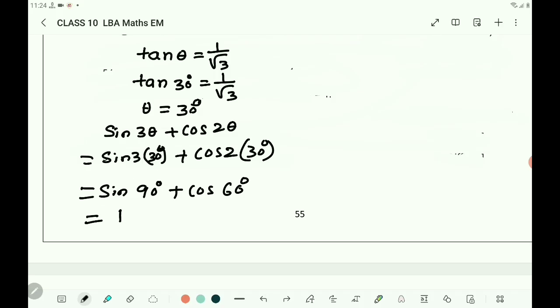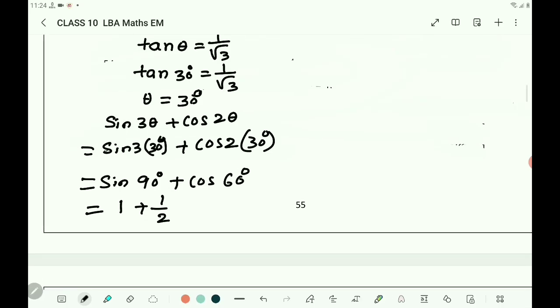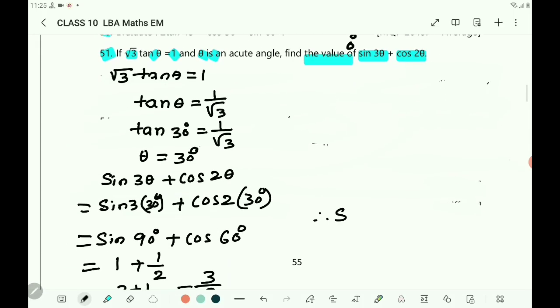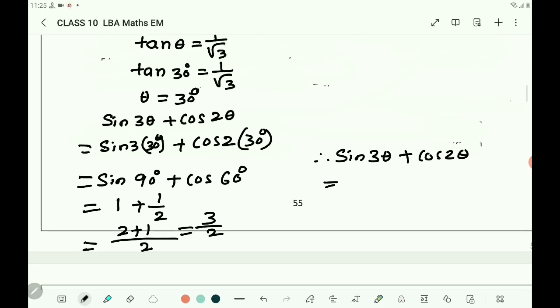Sin 90 is 1 plus cos 60. Cos 60 is 1 by 2. Take the LCM 2, then the numerator changes, 1 into 2 plus 1 equals 3 by 2. Therefore sin 3 theta plus cos 2 theta is equal to 3 by 2.